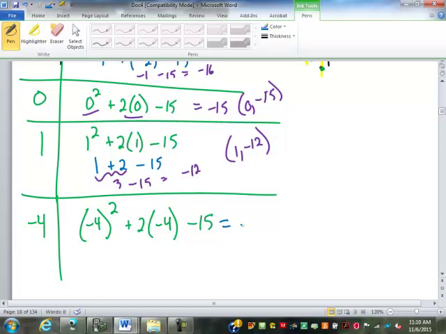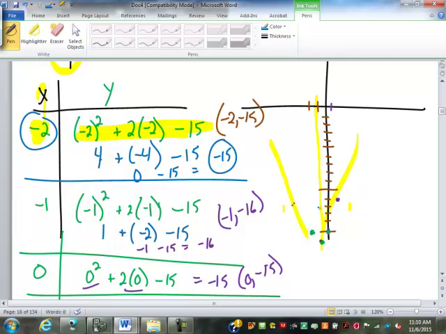Pretty common. It happens. What'd you come up with? Negative 7. Very good. So we got the coordinate negative 4, negative 7. Right about there.